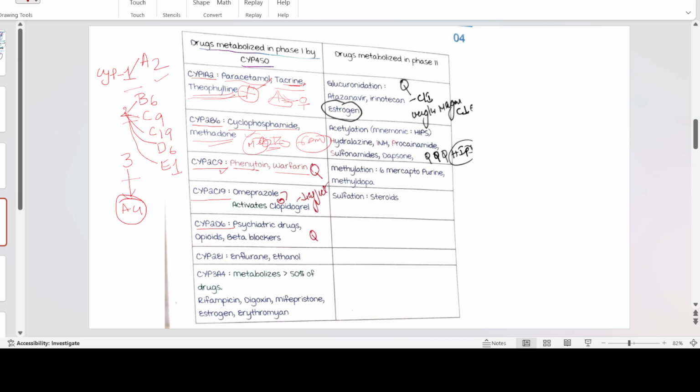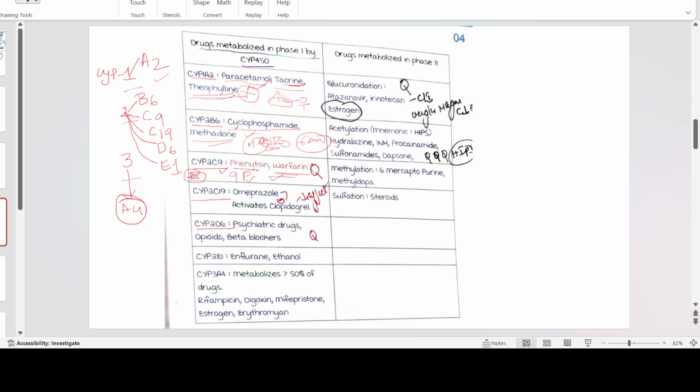If you write this 9 upside down, it becomes P. So P for phenytoin, and this is war, warfarin. Phenytoin, warfarin. That's the point you need to understand, and this is an important question: warfarin and phenytoin are metabolized by CYP2C9.